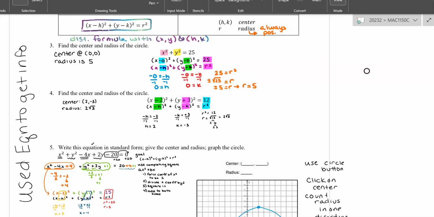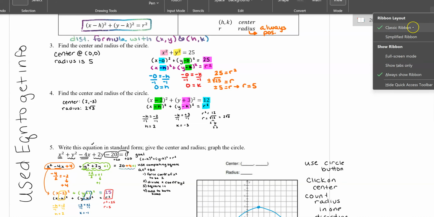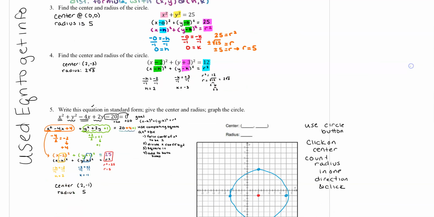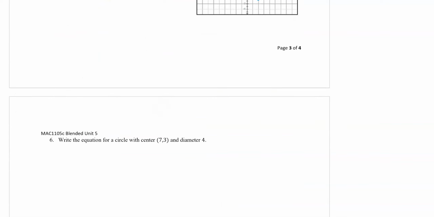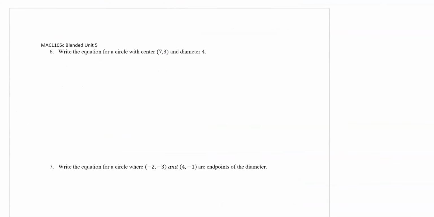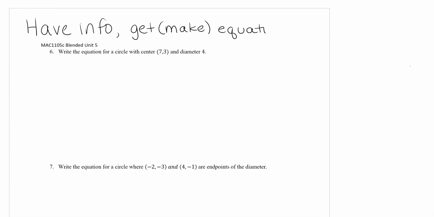Sorry about that. Okay, so now in this next part, we're going to have info and we're going to get or make the equation. So that's why I'm saying we're going in the opposite direction.